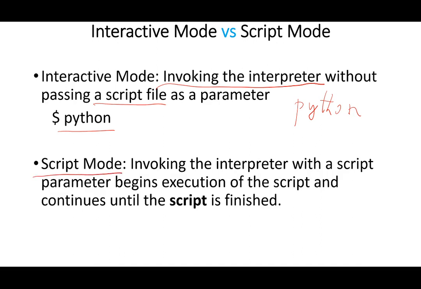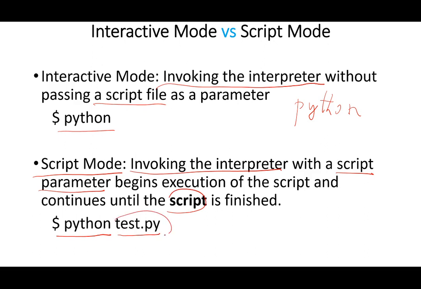For script mode, we invoke the Python interpreter with a script file. For example, run the Python interpreter with a Python script file. A Python script file is a file.